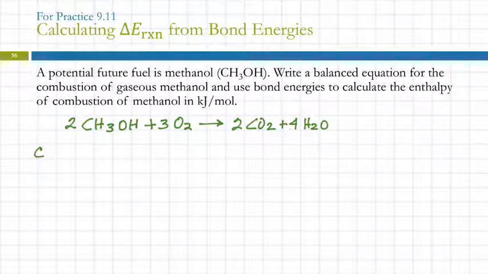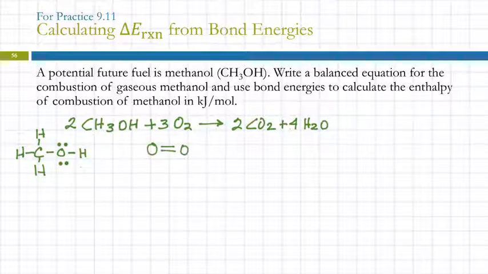So I'm going to do this kind of quickly because it's not the point of this. So that's the Lewis structure for methanol. And for oxygen, that has a double bond.